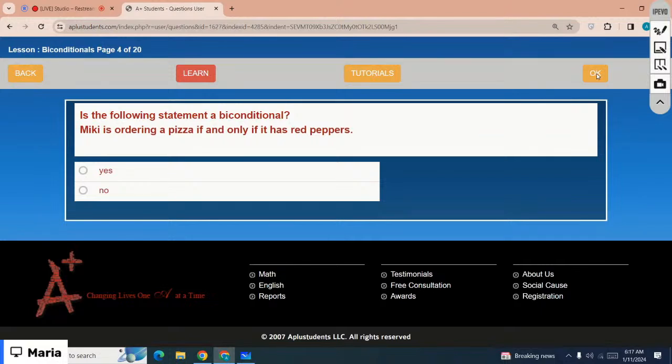Is the following statement a biconditional? Mickey is ordering a pizza if and only if it has red peppers. Which is the correct option?